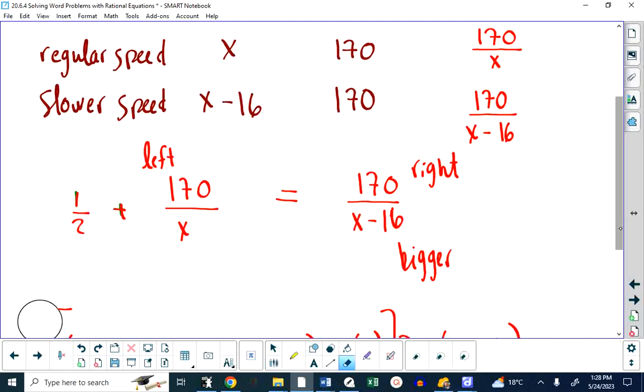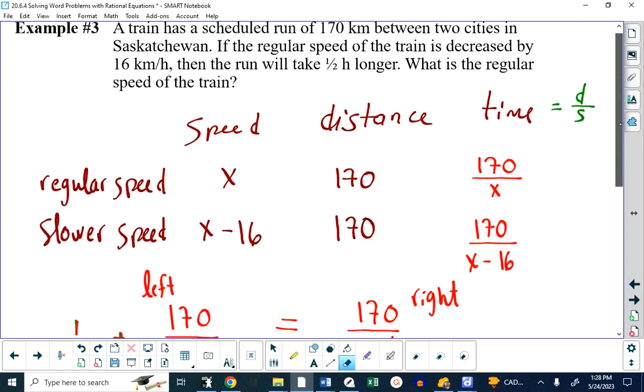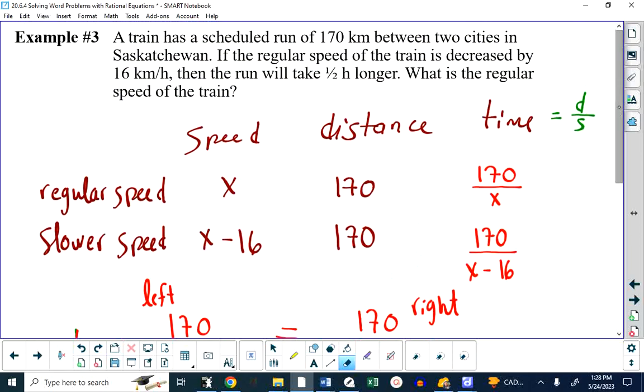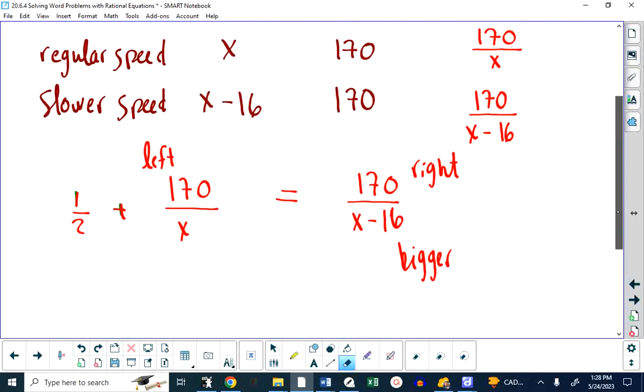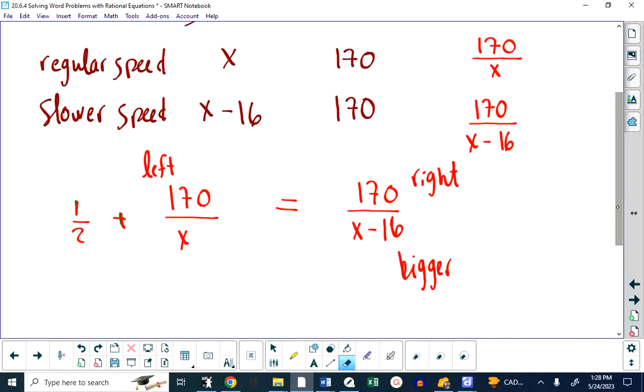Trust me, I've been doing this enough to know this is confusing. Many of the best students, when you say the run takes a half an hour longer when you're going slower, I guarantee you people want to write plus a half over here. It just makes sense. Oh, it takes a half hour more.